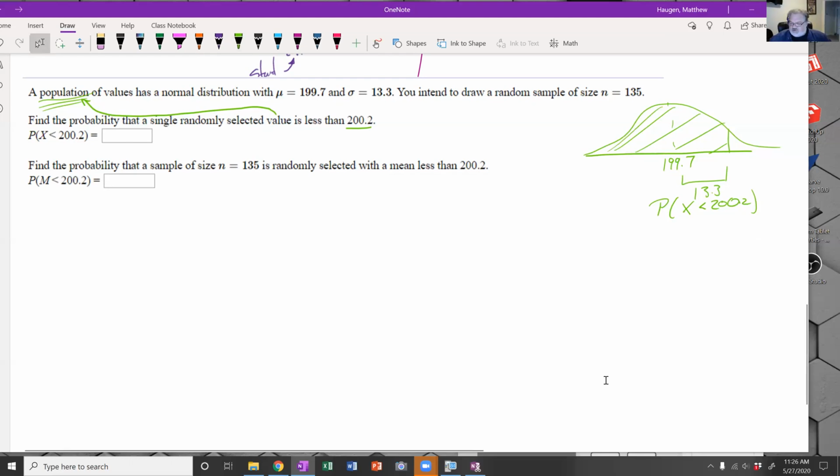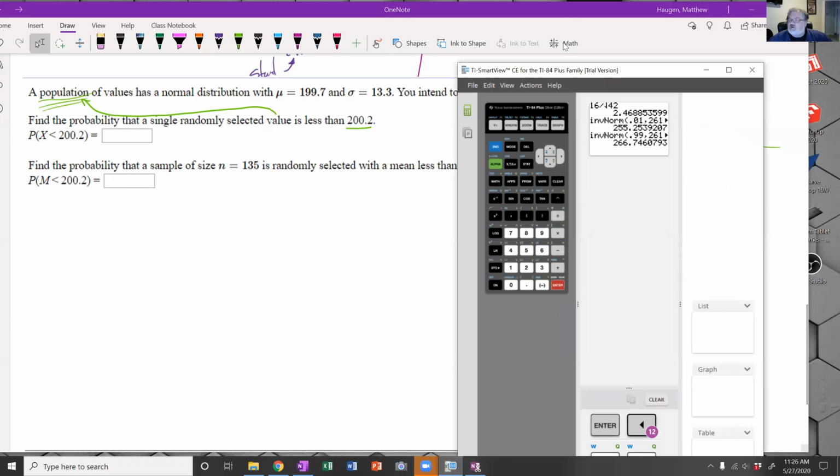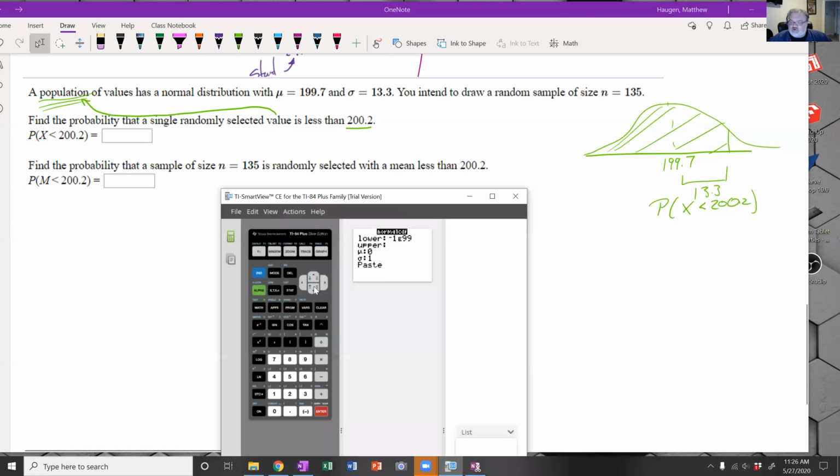And that's a normal distribution. So we could grab our normal distribution tool, second distribution, normCDF, lower very low, upper 200.2, mu of 199.7 with a standard deviation of 13.3.